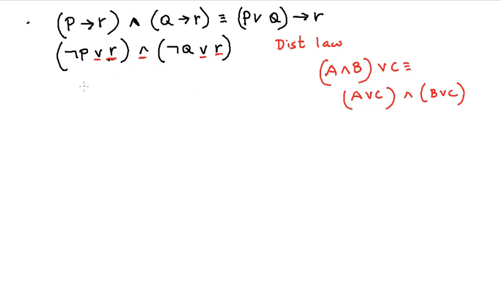So this one transforms into not P and not Q, or R. And so we have used the distributive law to come here, right?